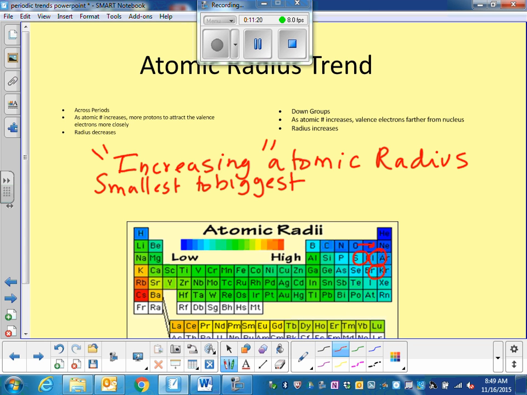Well, I'm sorry, this is sulfur, chlorine, and bromine. So chlorine is going to be the smallest. What do you think will be bigger than chlorine? Sulfur, and which will be the largest? Bromine will be the largest. Do you see that? You understand it? Okay.